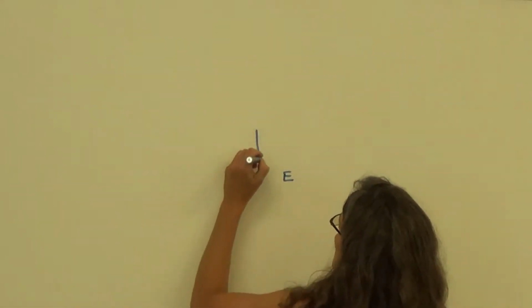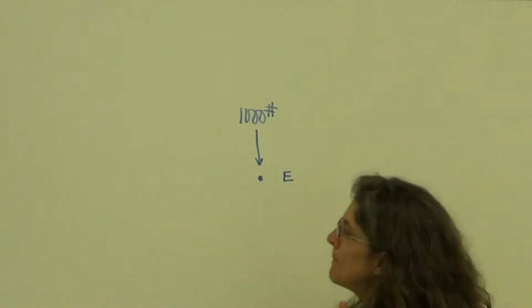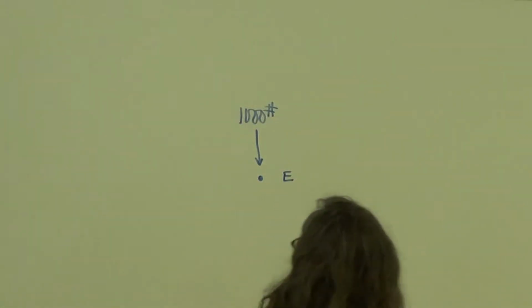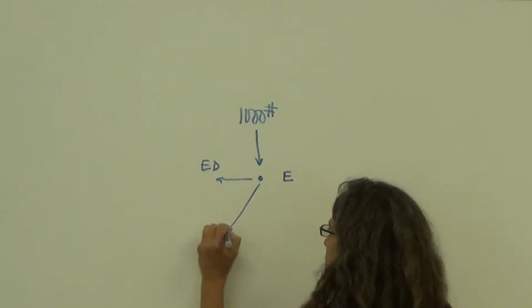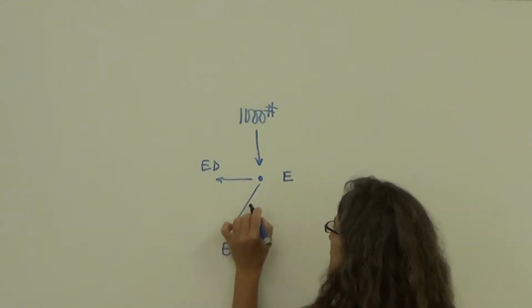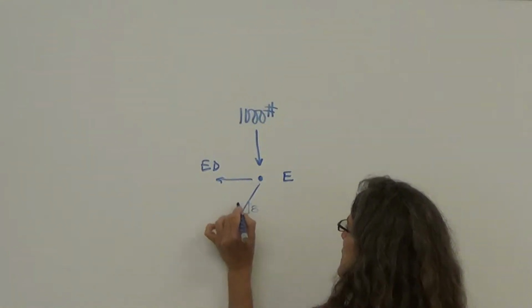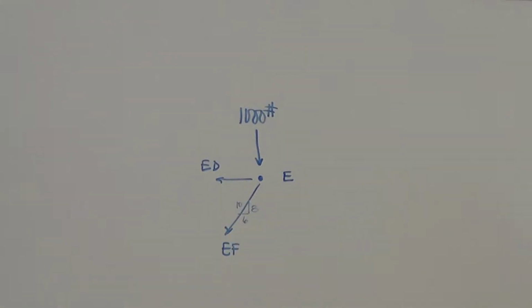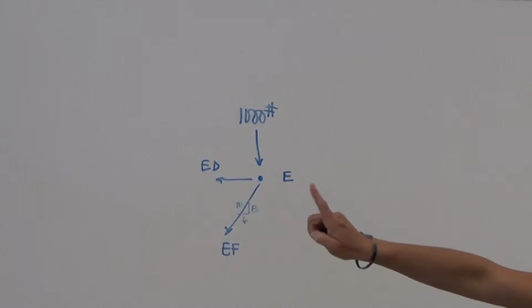I have 1,000 pounds, and I have ED and EF. And what is this? Is it 6 horizontal, right?